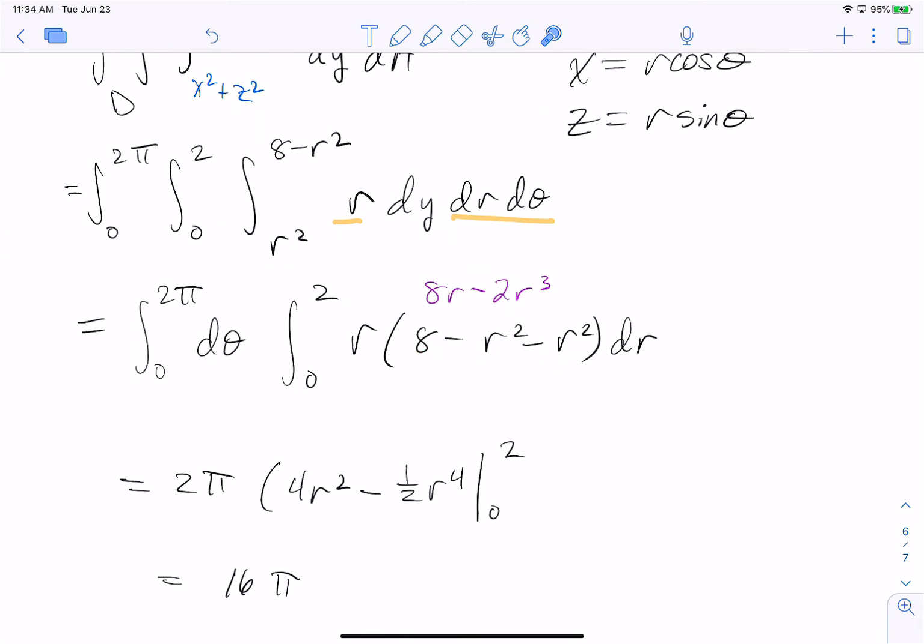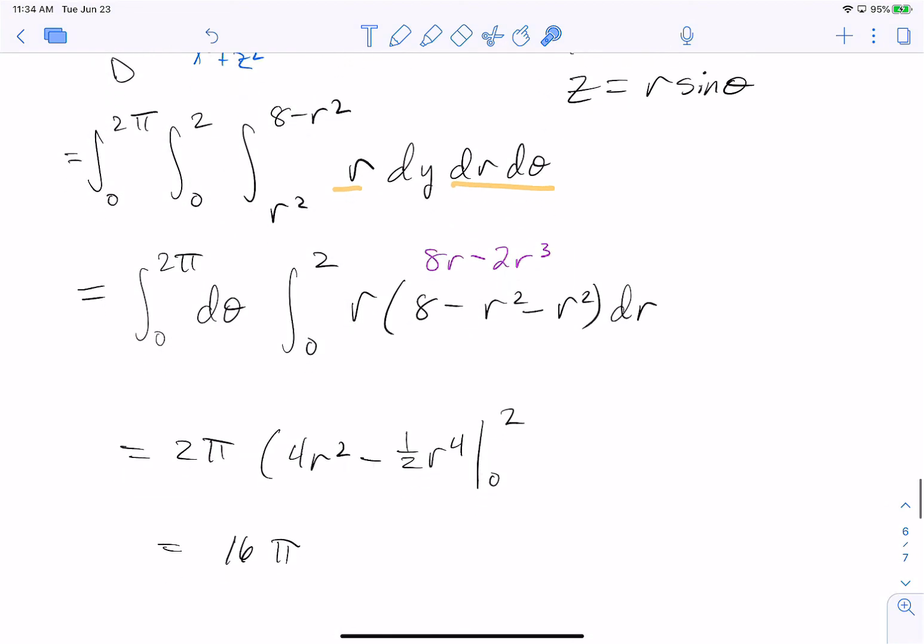So what I have is the integral from 0 to 2 pi d theta times the integral from 0 to 2 of r times the quantity 8 minus r squared minus r squared from the upper and lower limits of y. All of that is still times dr.